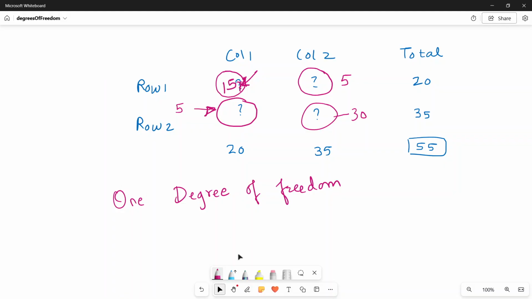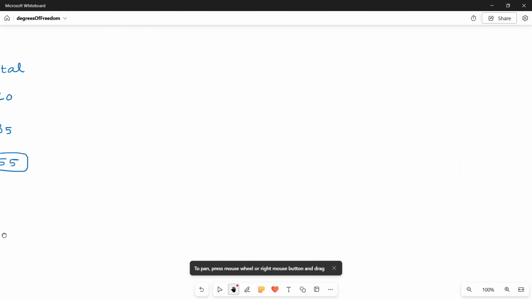Now let's go to a larger table. Let's go to a 3 by 3 table. So let's say we have row 1, row 2, row 3, and column 1, column 2, and column 3. Again, we have some totals.